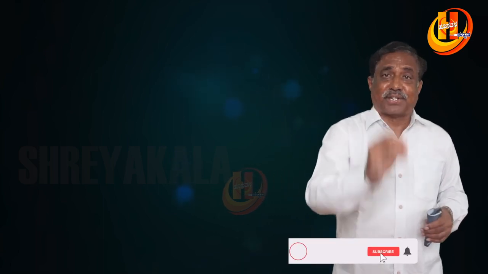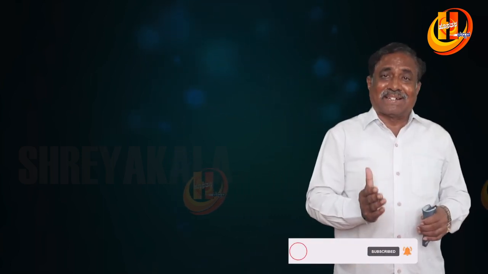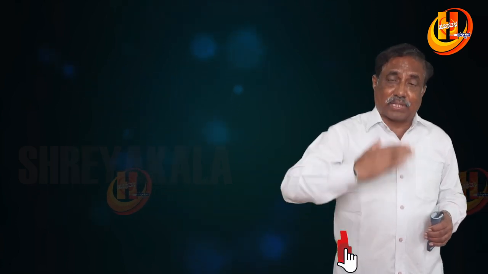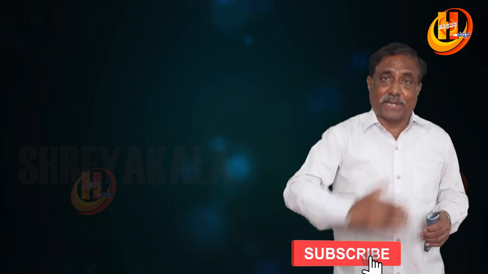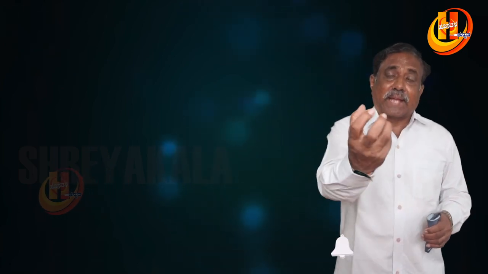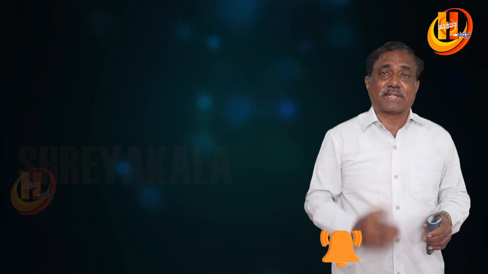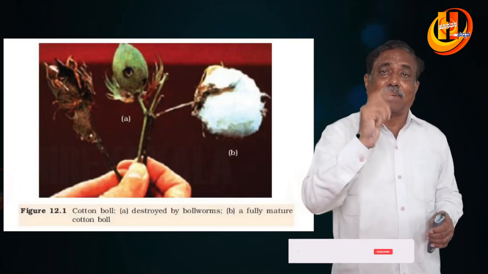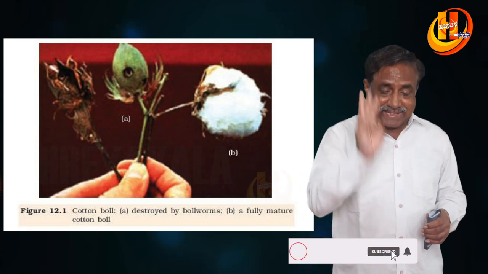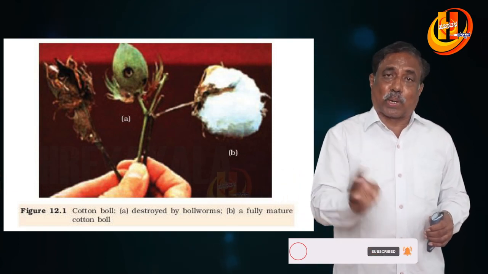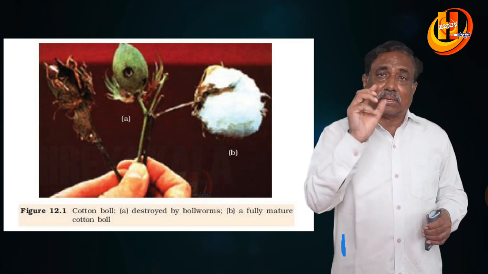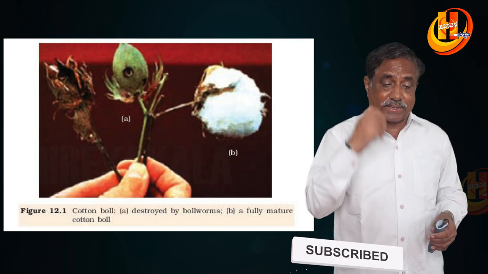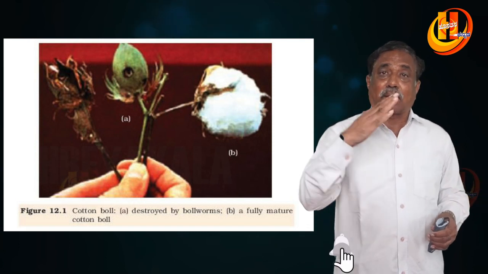From Bacillus thuringiensis, the toxin protein coding genes are extracted, called Cry1AC, Cry2AB, and Cry1AB, three protein encoding genes which are toxic.